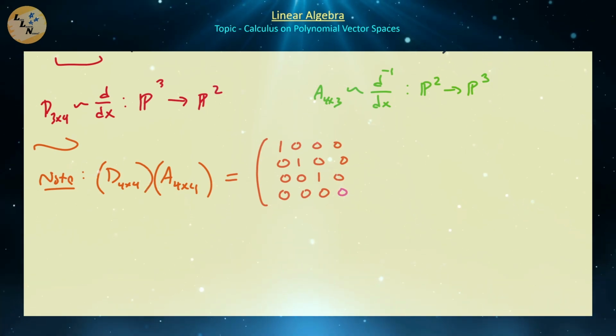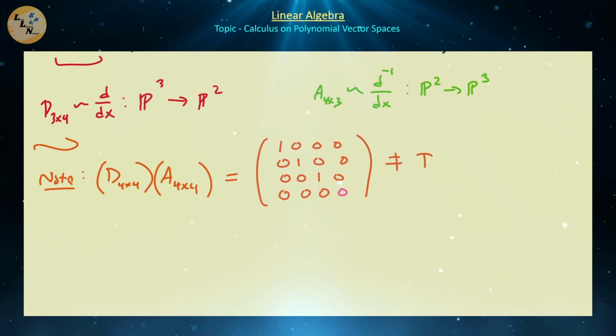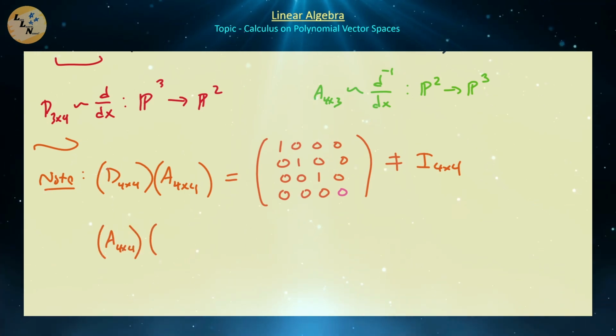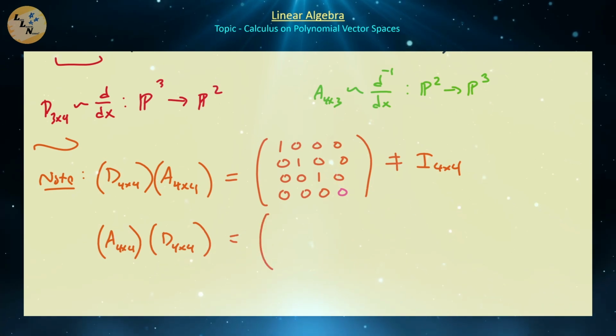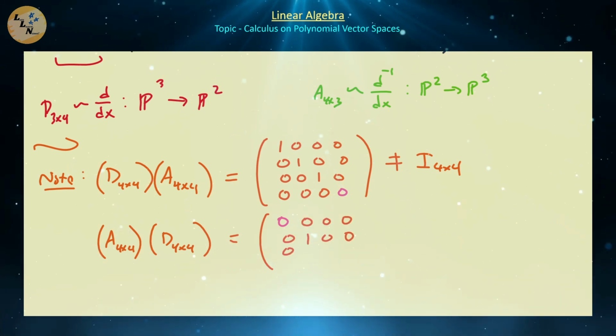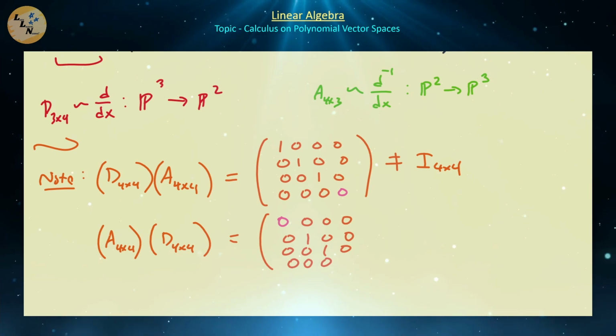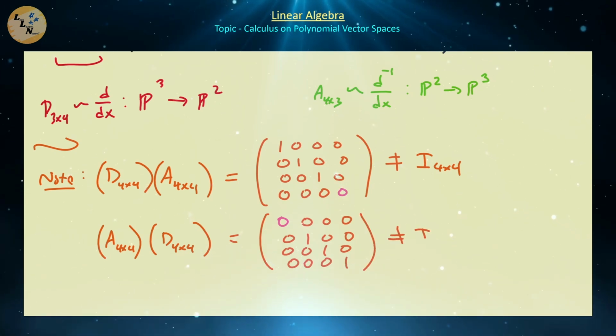So that lonely corner 0 is the only thing that's standing in our way of the 4 by 4 identity matrix. And if you do it the other way around, you multiply the anti-differentiation matrix by the differentiation matrix, you're going to get 0, 0, 0, 0, 0, 1, 0, 0, 0, 0, 1, 0, and 0, 0, 0, 1, which again is not the 4 by 4 identity.